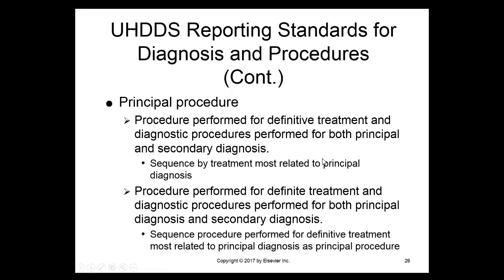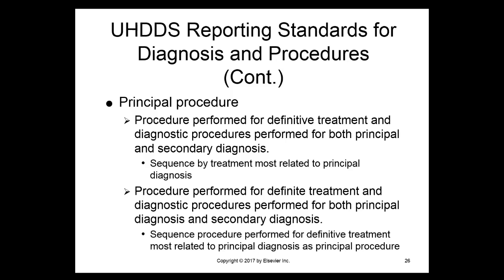So in trying to think of an example of that for you, let's say that a patient has pneumonia and they also have gangrene of the little toe. So they come into the hospital for treatment of the pneumonia, and they have a diagnostic bronchoscopy. And they also have an amputation of that little toe due to the gangrene.